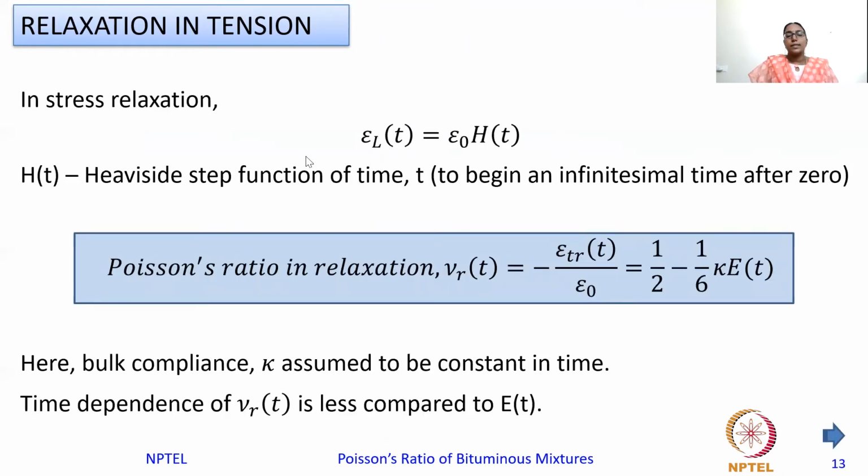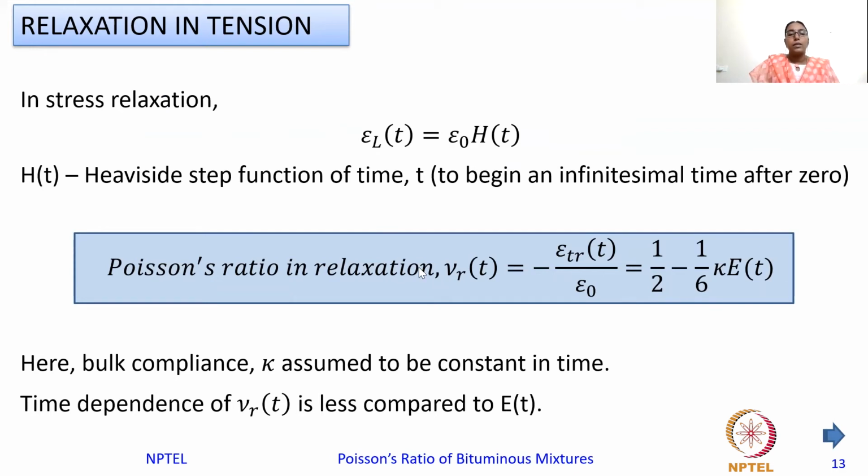Now, in stress relaxation, we know that we are applying a constant strain, which is defined by epsilon L(t) is equal to epsilon 0 H(t), where H(t) is called the Heaviside step function of time t, and epsilon 0 is the strain amplitude. Now, in order to apply it at an infinitesimally small time after 0, you multiply it with a Heaviside step function. So, epsilon 0 H(t) is the strain that is being applied in the stress relaxation experiment.